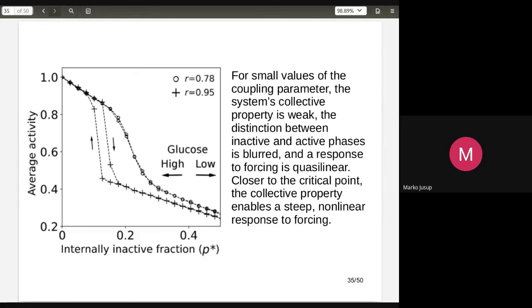This type of response is not really encoded in individual cells. Only when we have a really functioning collective of beta cells that communicate with one another do we get this sort of response, where they keep each other in check, and then they release this control, and suddenly the activity picks up at threshold glucose concentration. And this is what I mean by collective property.